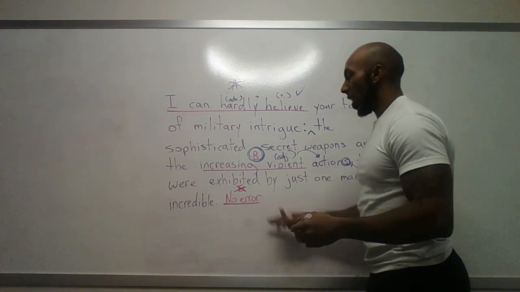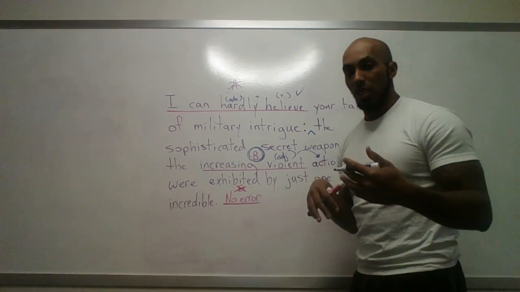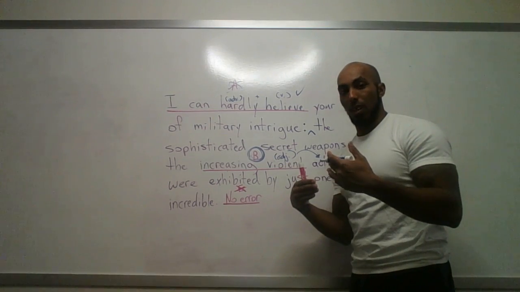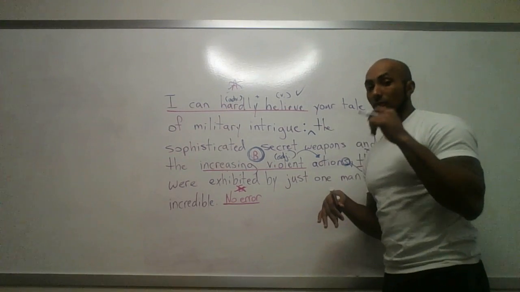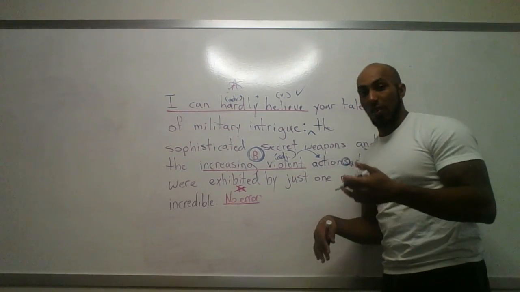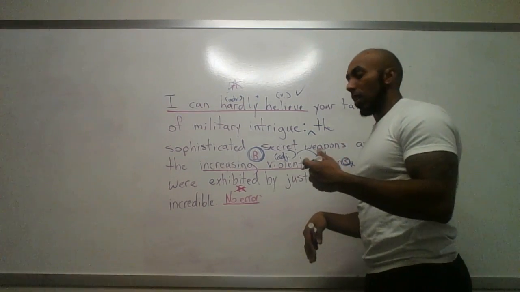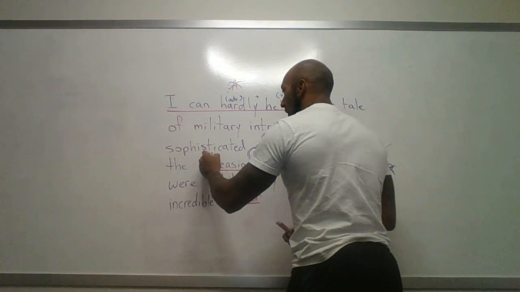Now, increasing, just like this, something has to increase. Something is increasing. So you're describing something, right? A change in its state. And in that way, increasing can only be thought of as an adjective. It's modifying the state of something, the state of change in something. So here it's an adjective as well.